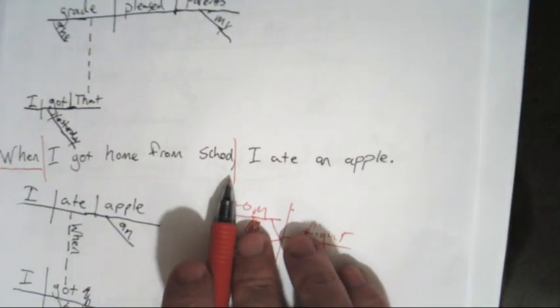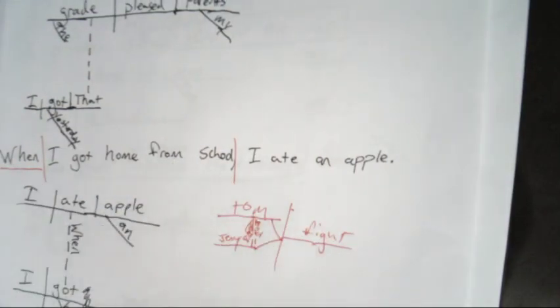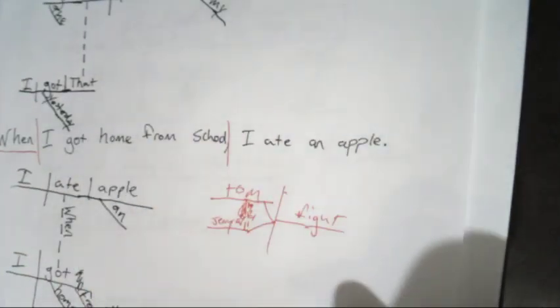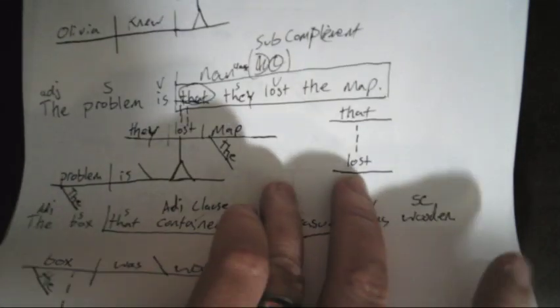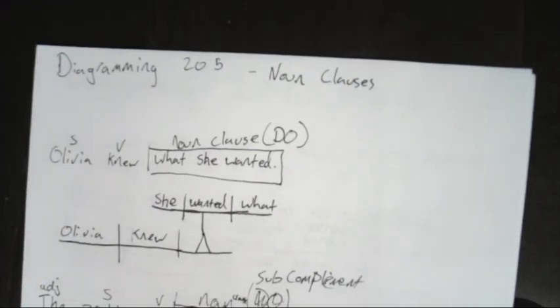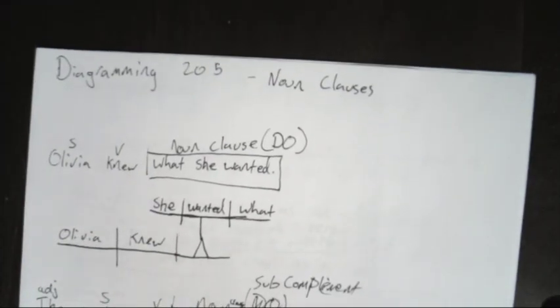Find the clause, diagram the clause at the bottom, diagram the main sentence at the top, connect with the dotted line. Easy peasy. All right, I don't want to spend too much time on this one because we're already at 15 minutes. But we also just went over this yesterday.